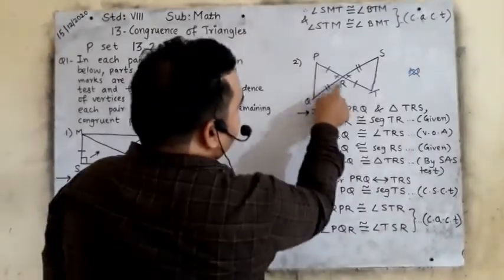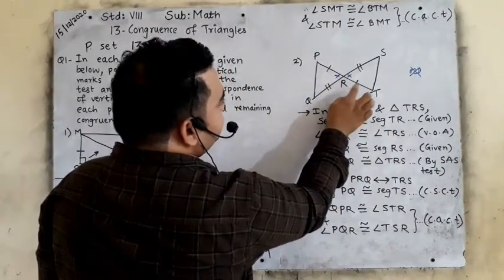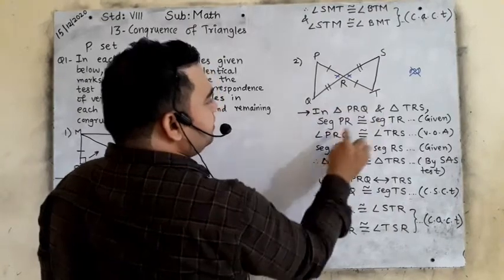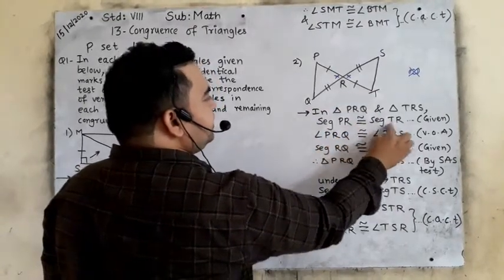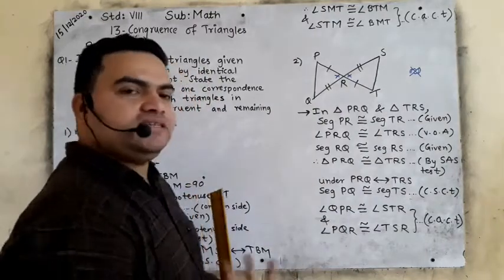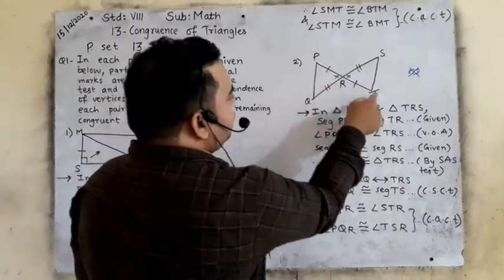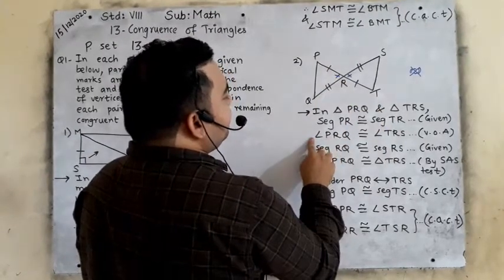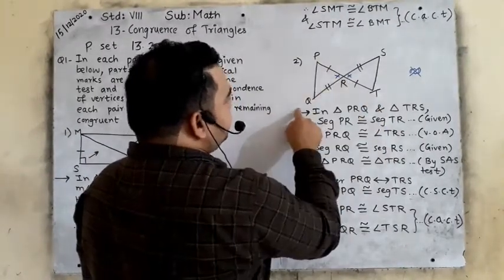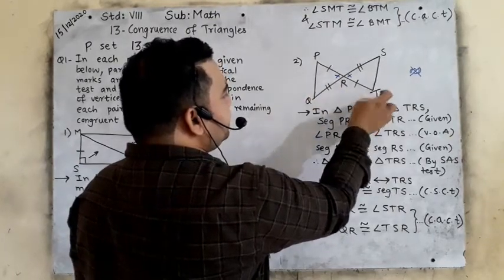Segment PR. Can you see this one identical mark? Segment PR is congruent to the segment with this identical mark, that is TR. Segment PR congruent to segment TR, given. How is it given? By identical mark. Now angle PRQ starts from one line, so you will start from here.